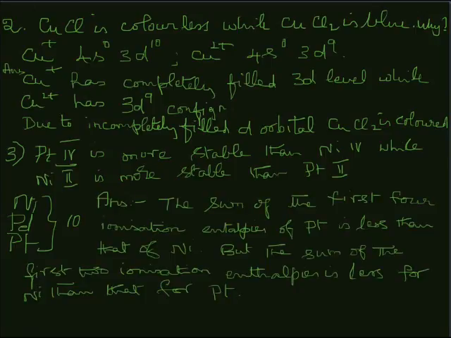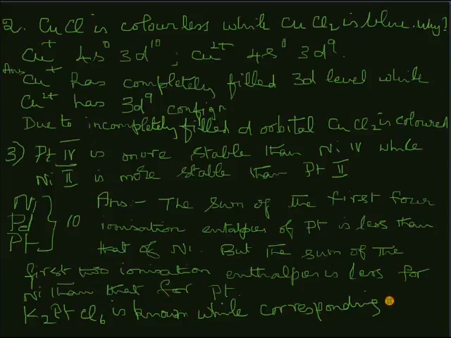Now for the same reason, the question can be asked in a different way. Note it, K2PtCl6 is known, while the corresponding compound of nickel is not known.